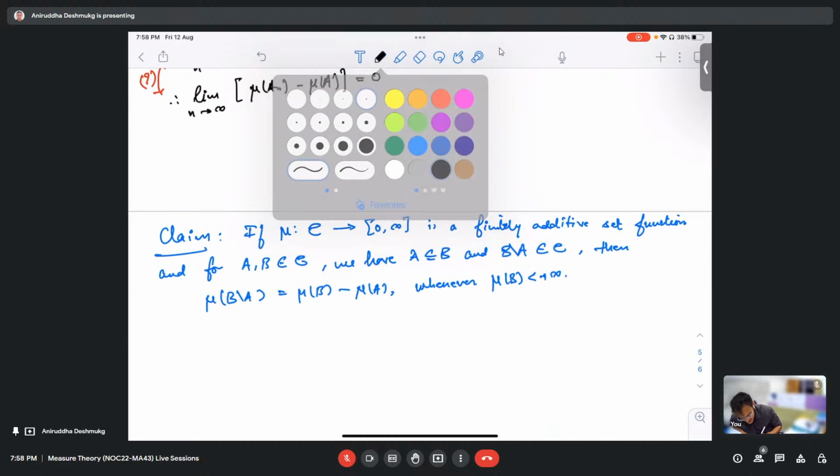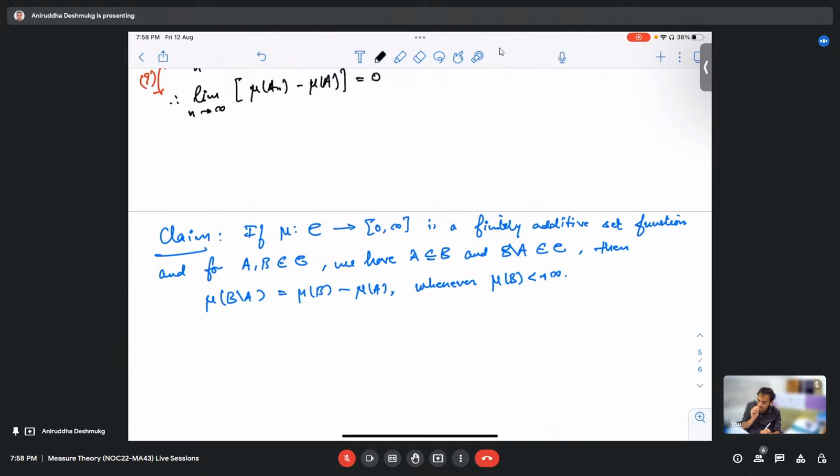Have we seen this type of result in the class? Yes, sir. So how do you prove it? You simply write B as A union B difference A. This is a disjoint union.